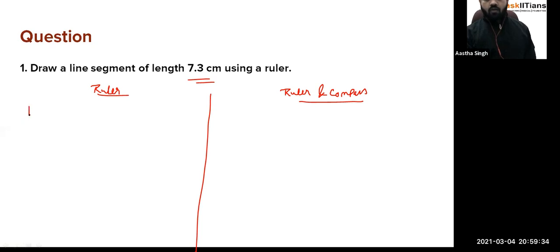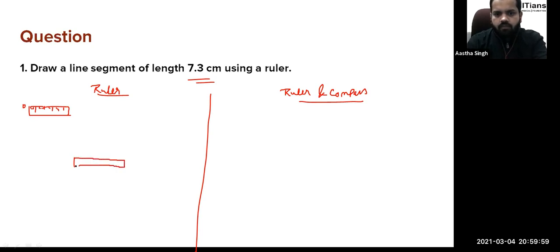Guys, this is how your ruler looks like, right? Basically a scale, with numbers 1, 2, 3, 4, 5, 6 starting from 0. So for your 7.3 centimeter, just take a ruler, point it at 0, and measure a length of 7.3 centimeter.